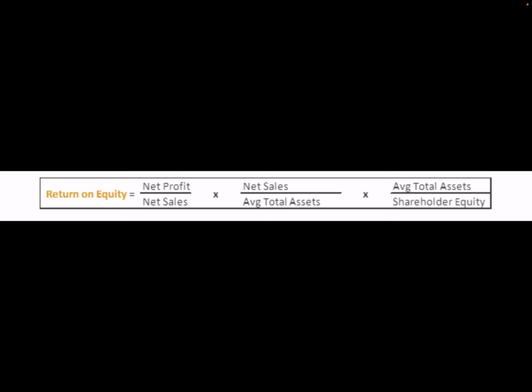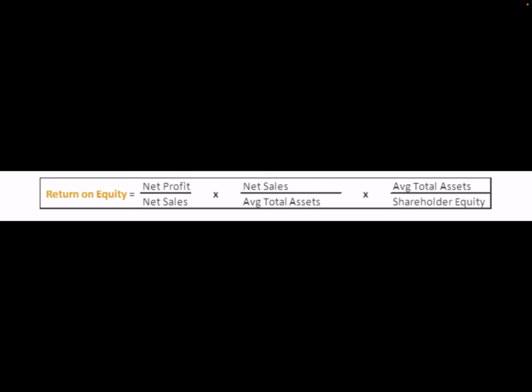For this, we need to calculate the value of the individual components. Net profit margin is the same as the PAT margin. From our calculation earlier, we know the net profit margin is 9.2% for Amara Raja Batteries Limited.